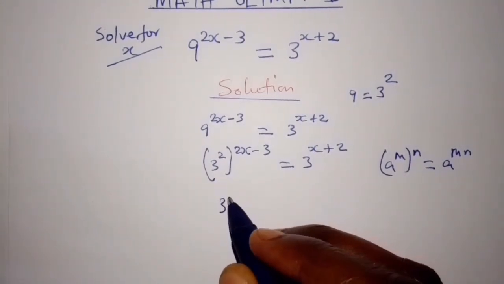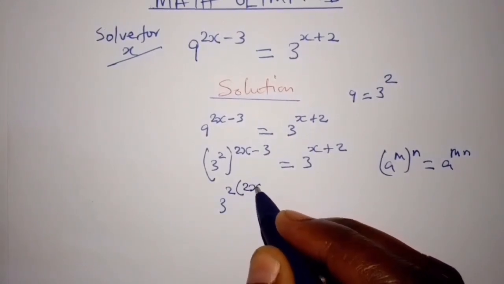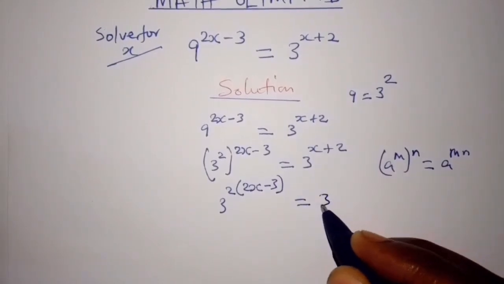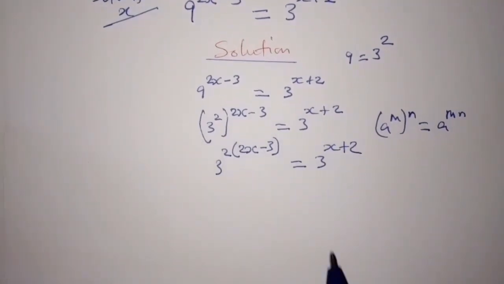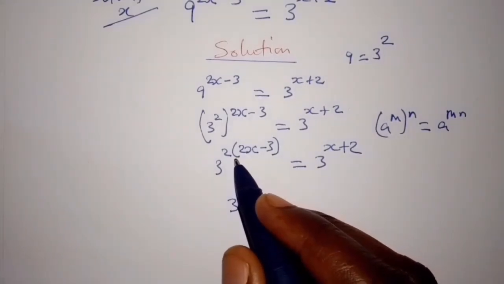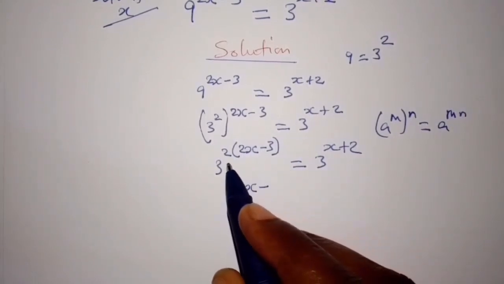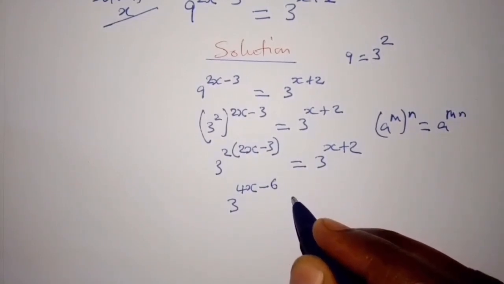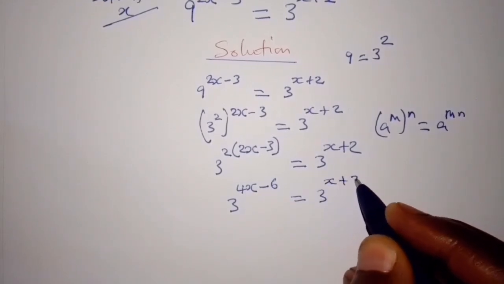3 power 2 in brackets 2x minus 3 is equal to 3 power x plus 2. 2 times 2x is 4x, minus 2 times negative 3 is negative 6, is equal to 3 power x plus 2.